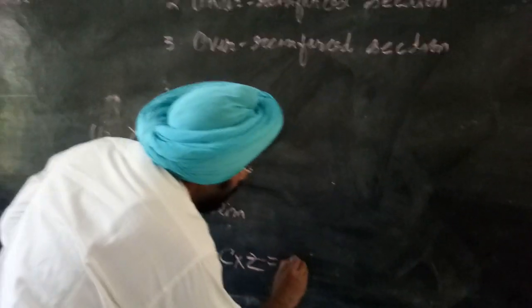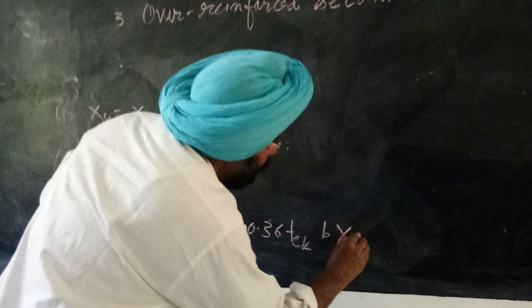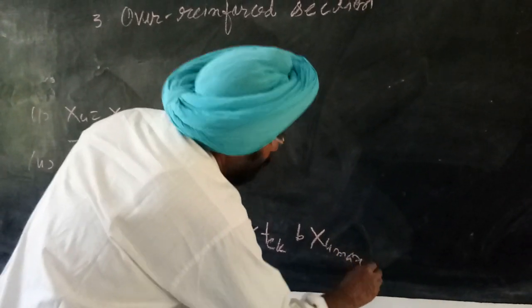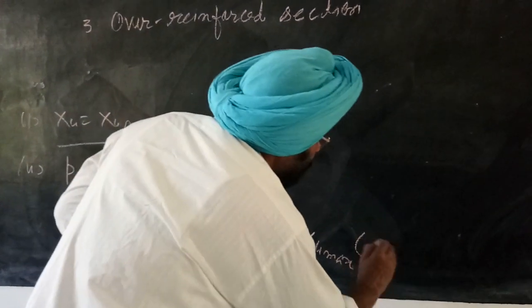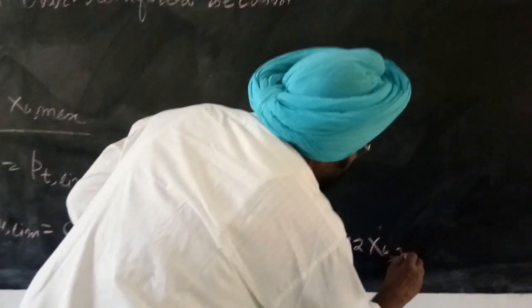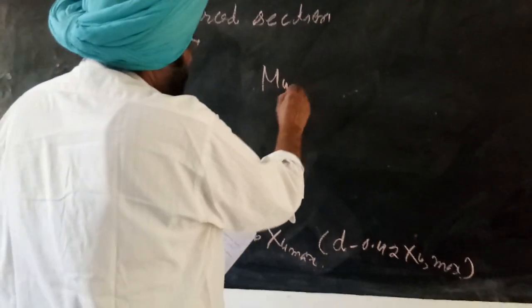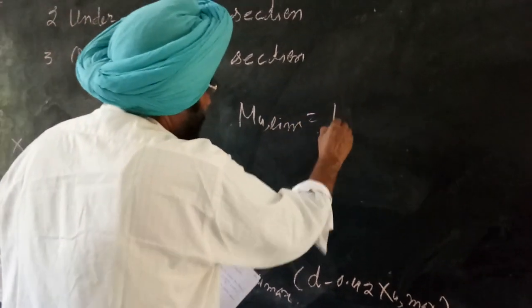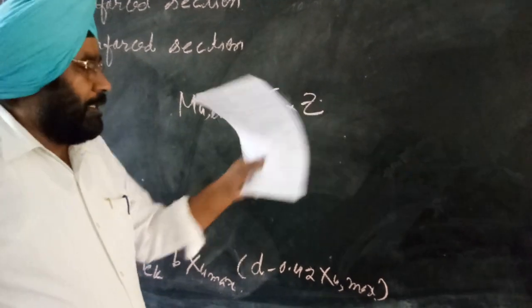So C equal to 0.36 fck b into xu max. So put xu equal to xu max, into d minus 0.42 xu max. And also limiting moment of resistance is T into Z. T means total tension in steel, and Z is the lever arm.